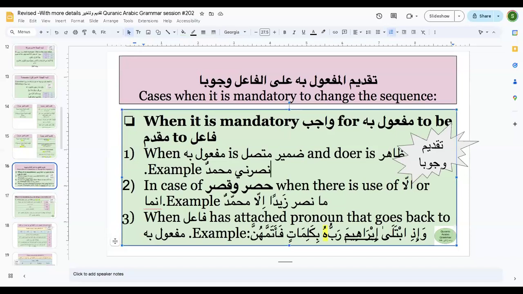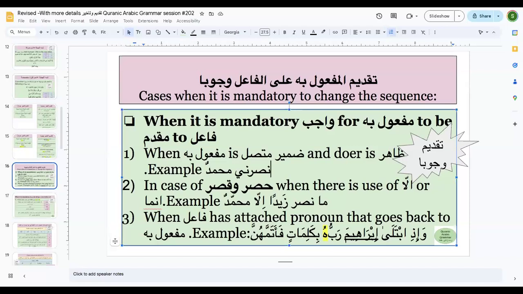When the fa'il has an attached pronoun that goes back to maf'ul bihi, what should come first? We have been doing something similar in Jumla Ismiya as well. If you have a damir attached to your shibh al-jumla, it is mandatory for the mubtada to be muakhar.